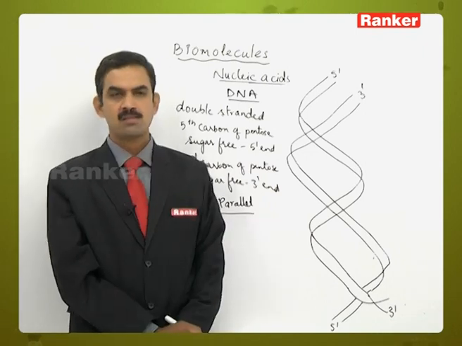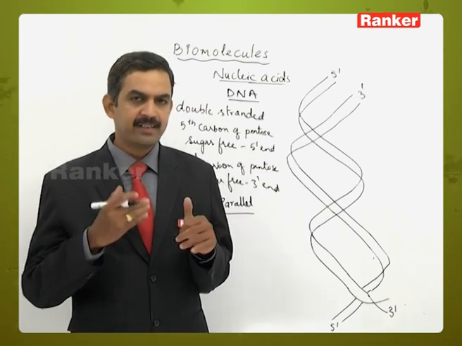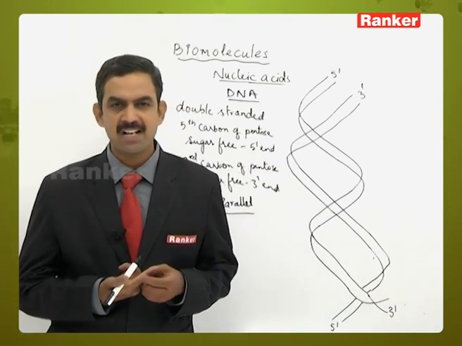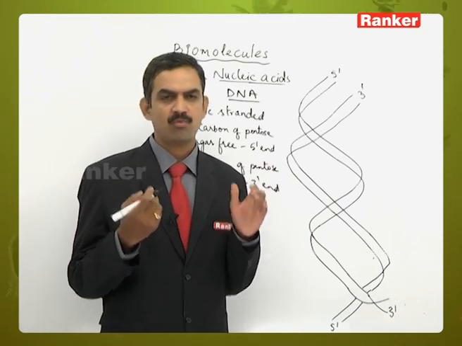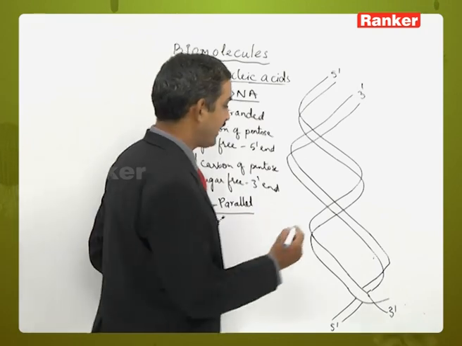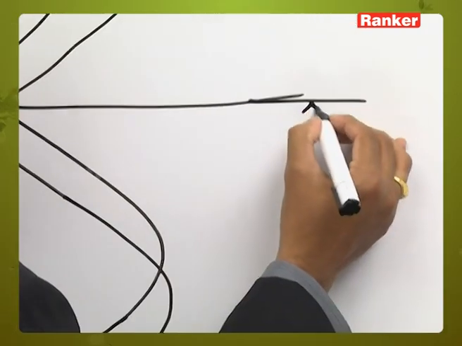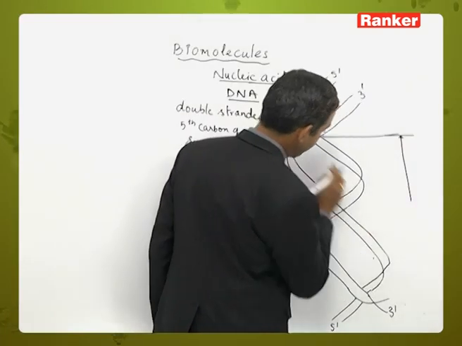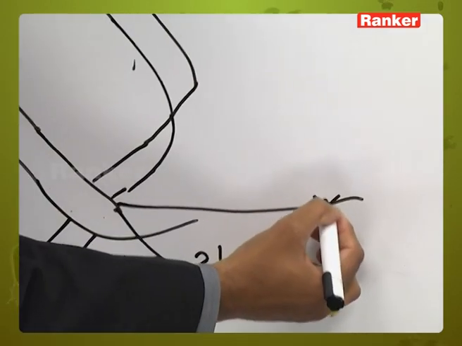And what is the length of a DNA molecule? It depends upon the number of nucleotides which are added to the DNA molecule. So the length is not certain, but we can estimate the length by taking the length of one coil. From this point to this point, it is one coil length.